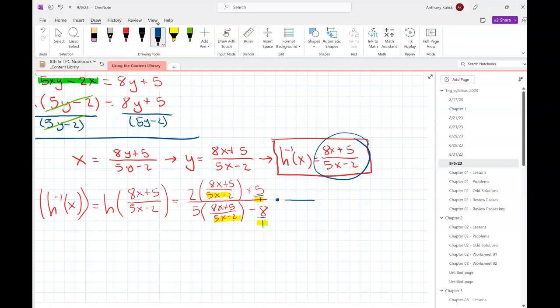So what is the LCM of 5x minus 2, 1, 5x minus 2, and 1? It's not 1 because 1 isn't a multiple of 5x minus 2. It's just 5x minus 2.